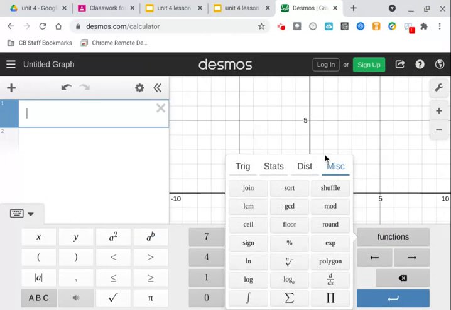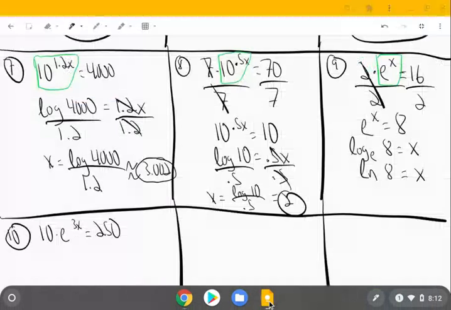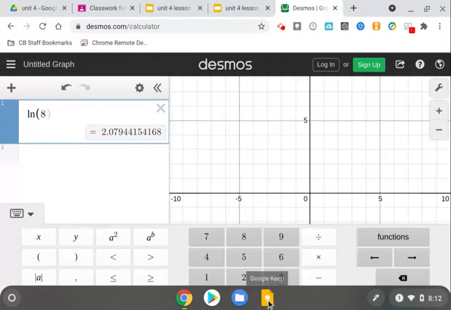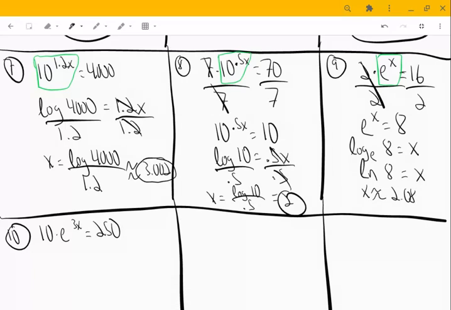If you go to functions and miscellaneous, notice up here, ln is an option. Log base e of 8 is approximately 2.08. So x is approximately equal to 2.08. And lastly, number 10.